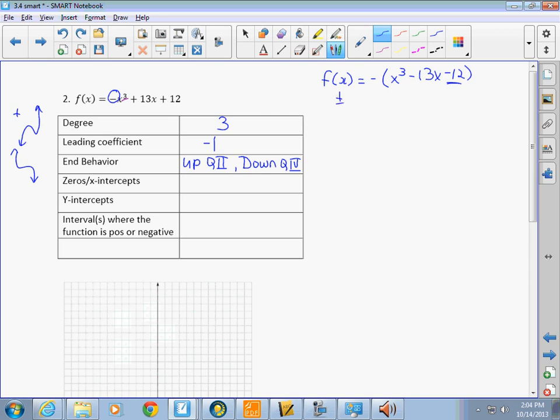So plus or minus 1, plus or minus 2, plus or minus 3, plus or minus 4, plus or minus 6, plus or minus 12. So those give me my whole list of factors. So now I can do my factor theorem, not your zero factor theorem, and see what the right factors will be.